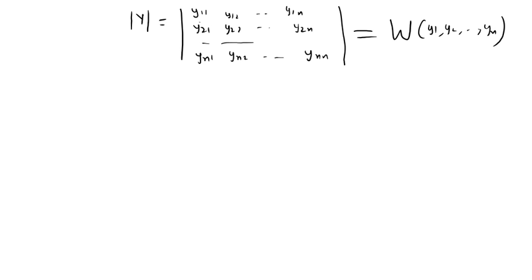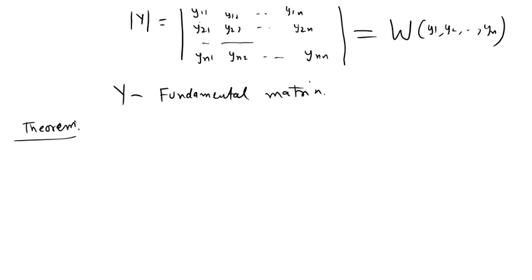And this matrix capital Y is known as the fundamental matrix, and it consists of solutions as column vectors. In that way you can write the Wronskian in terms of the fundamental matrix. So now I am going to state an important result known as Abel's formula.